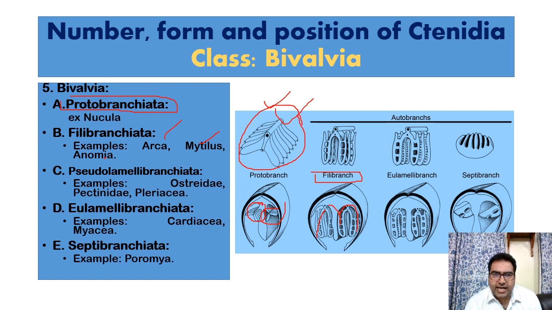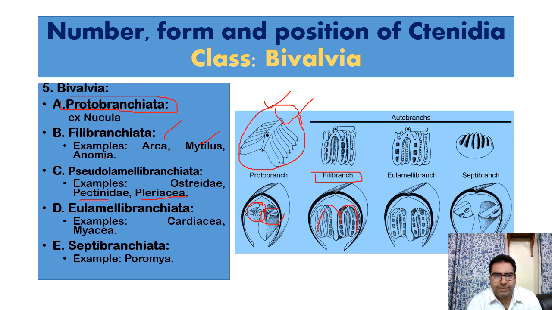So the gill has greater cohesion than that in the case of the filibranchs. So the examples we do have are the Ostreidae, the Pectinidae, and Pteriidae.